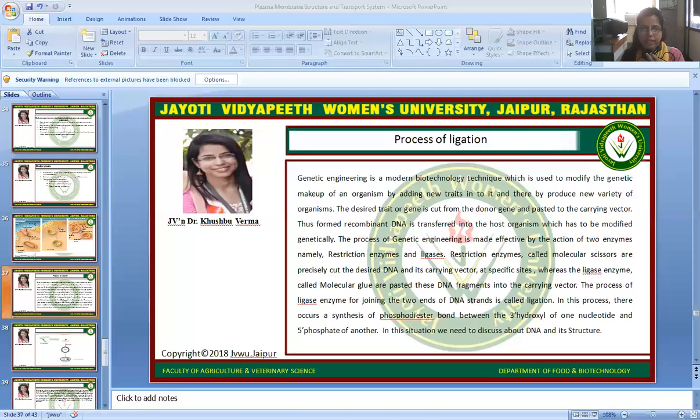The process of the ligase enzyme joining the two ends of a DNA strand is called ligation. As I told you previously, in this process there occurs the synthesis of a phosphodiester bond between the 3' hydroxyl of one nucleotide and the phosphate of another.